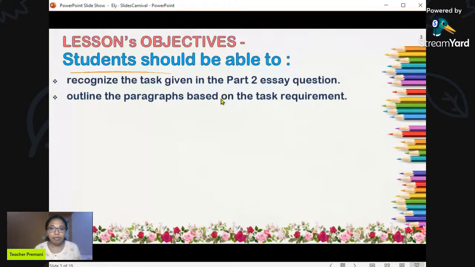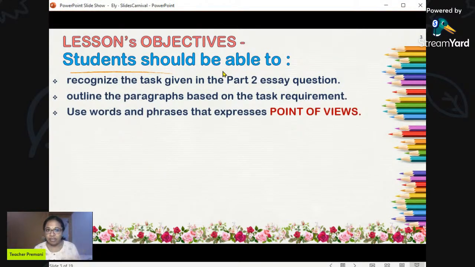When you answer the question, you need to know the task requirement, so you must give exactly what the question is asking. What worries me as a teacher, and many teachers, is that you may tend to write extra detail which may lead to irrelevancy, as I told you in Part 1 also. The question already has the task requirement, and later when we analyze the question, we can see it clearly.